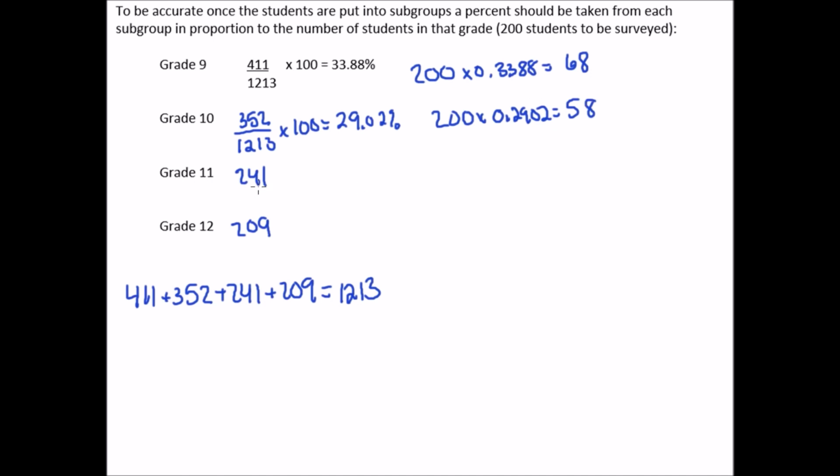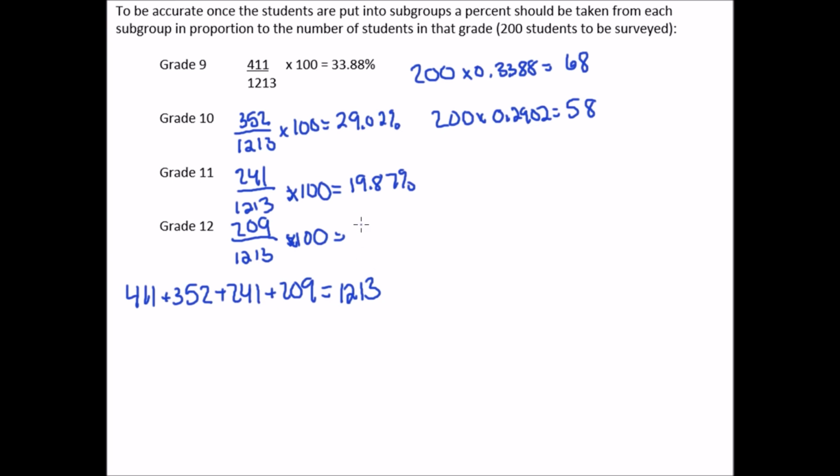Okay, and then continue. Grade 11 and grade 12. We're going to divide both of those. So basically what we're seeing is what percentage of the entire population are each of these groups. So this is 19.87%, and 209 divided by 1213.